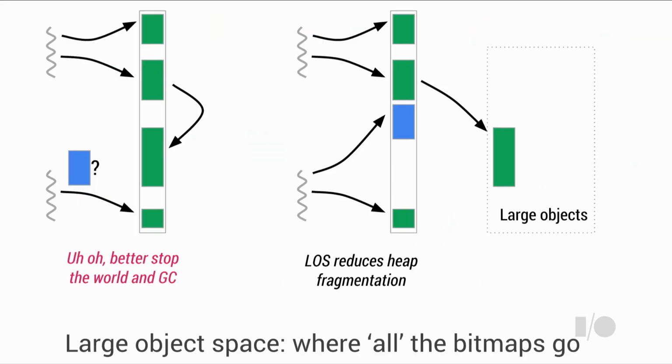So how did we get rid of the GC for alloc events? The problem we were having in Dalvik was these large objects were coming in, and these large objects would be bitmaps in the common case.